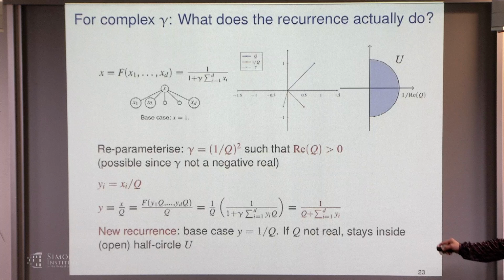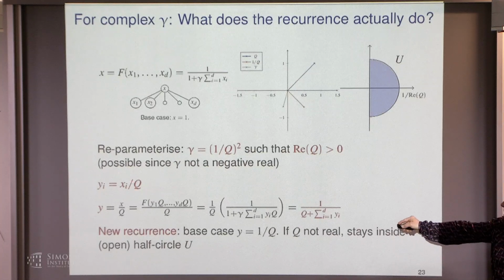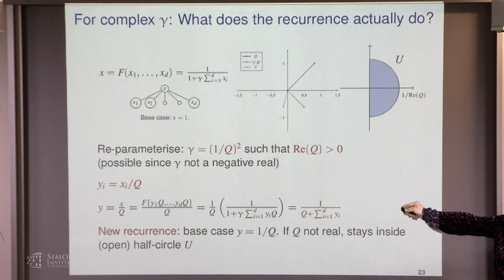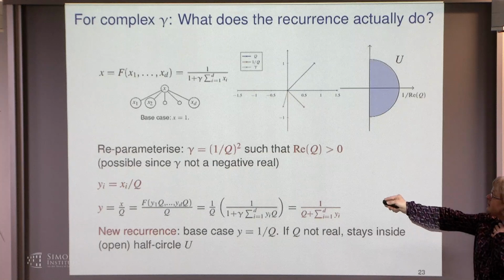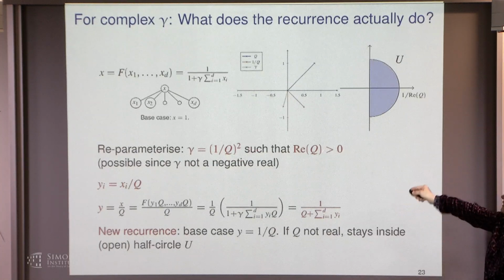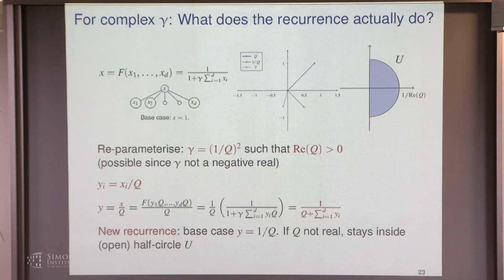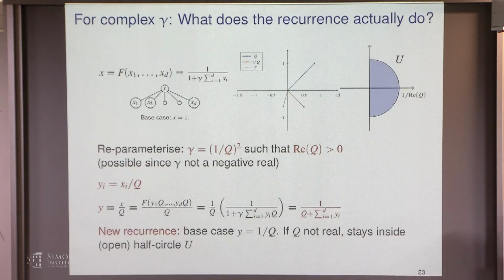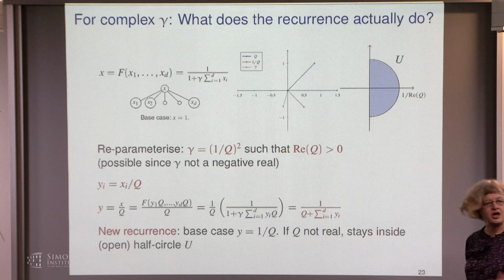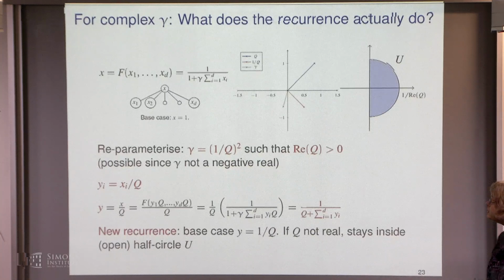Instead of looking at these marginals, I take gamma and reparameterize it as the square of 1 over some value q, where the real part of q is positive. These pictures are just to spare you the trouble of working out whether that makes sense, and it makes sense as long as gamma is not a negative real, which of course it isn't because the roots are there.